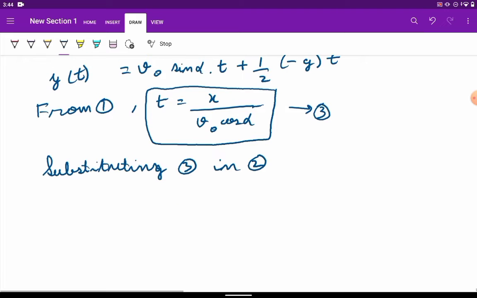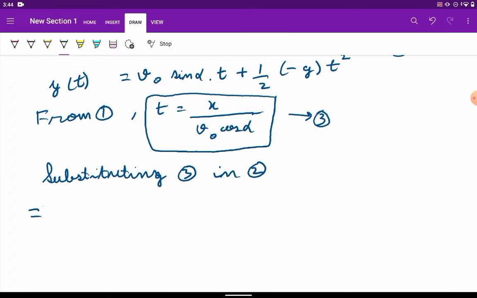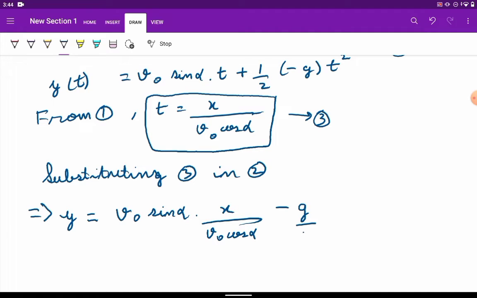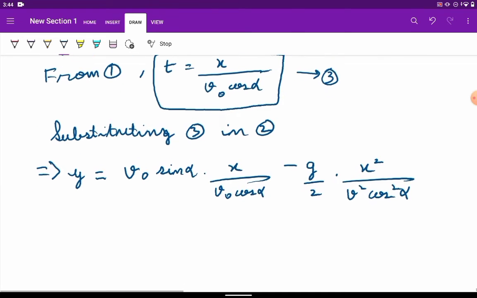Again I will remove y as a function of t. I will just write y is equal to v naught sine alpha into x by v naught cos alpha minus g by 2 times t square, which is x square by v naught square cos square alpha, right?